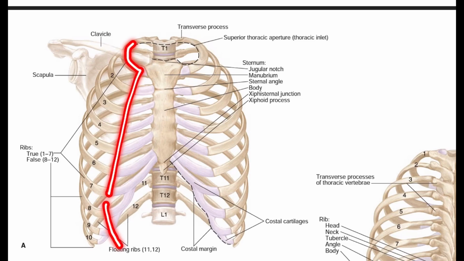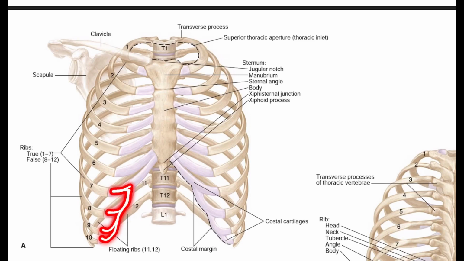The lower 5 ribs are known as false ribs. The 1st to 7th ribs articulate with the sternum anteriorly, whereas the false ribs do not articulate with the sternum. Instead, they articulate with the costal cartilage of the 7th costal cartilage above. So they are known as true and false ribs.